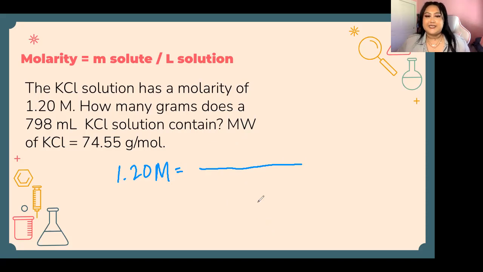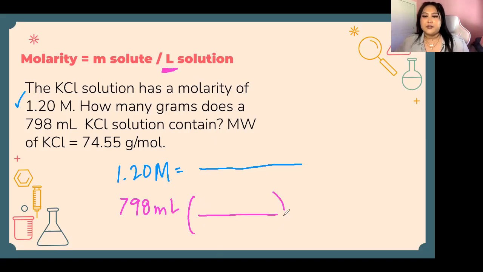What value is also given to us besides the molarity? 798 milliliters, but we can't quite plug it in yet, right?